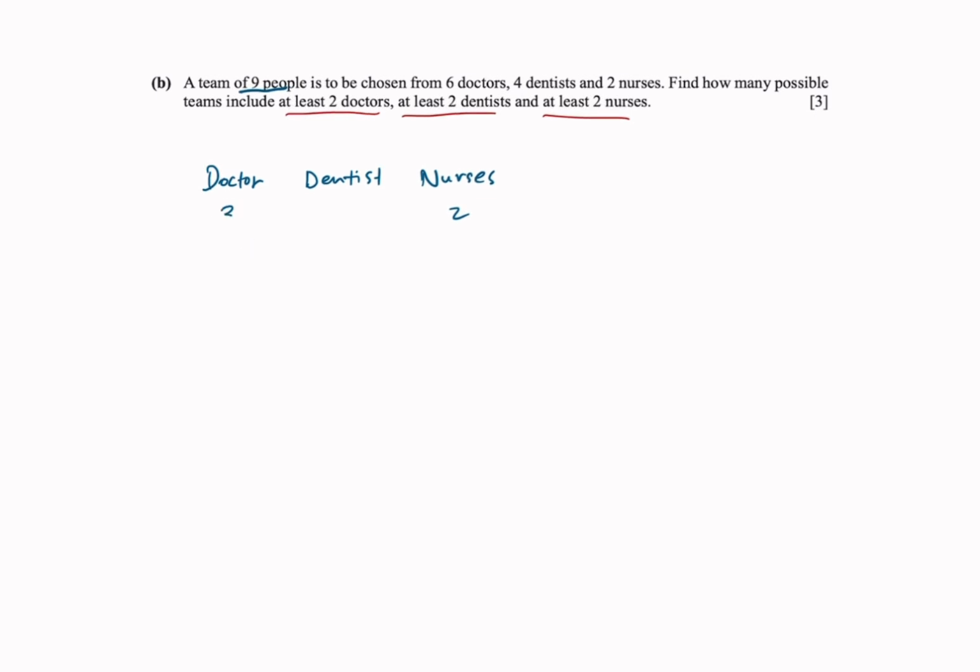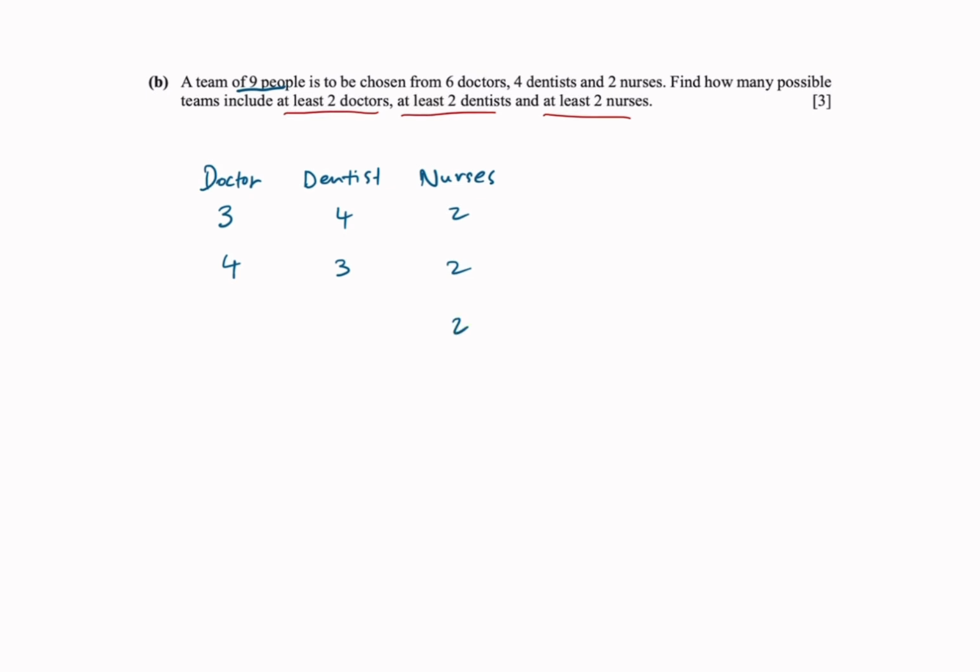So you can start with 3 doctors. To have 3 doctors, you can have 4 dentists, and it will equal 9 people in the team. So yeah, this is possible. And then you can have 4 doctors, which will give you 3 dentists with 2 nurses. Remember that the number of nurses is always the same.